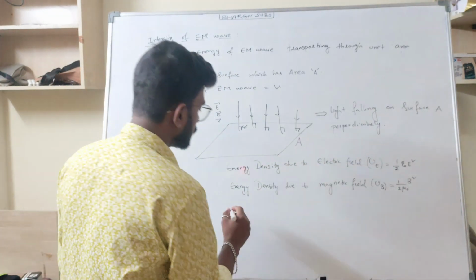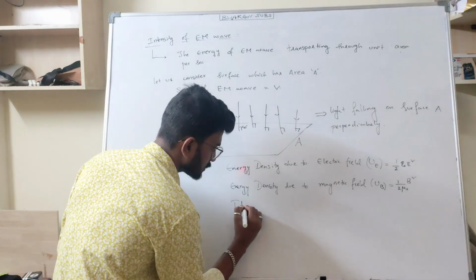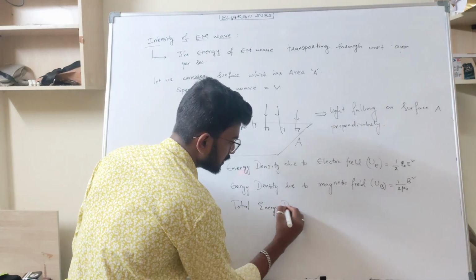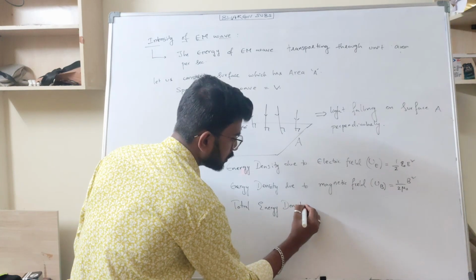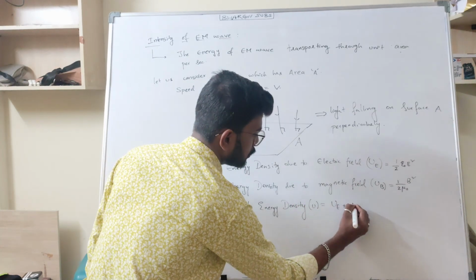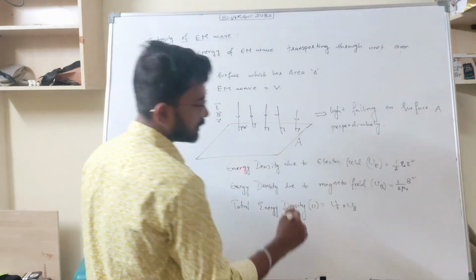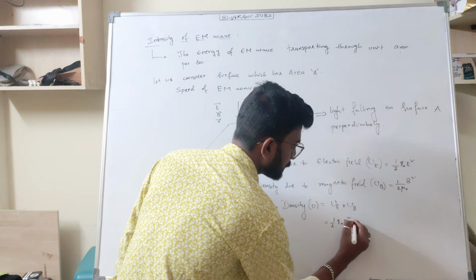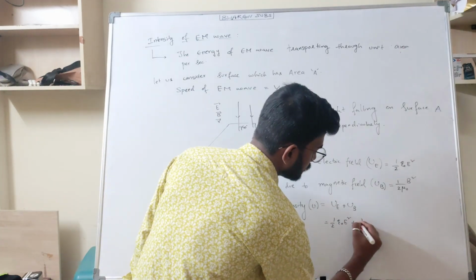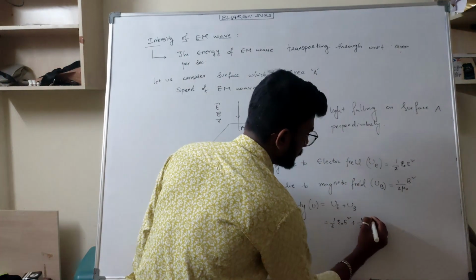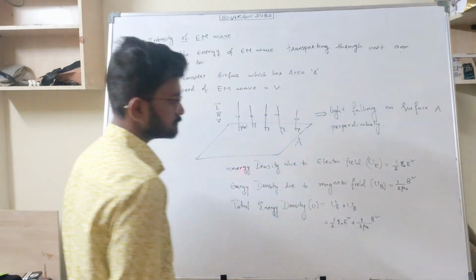Right. Now total energy density. So what is the total energy density? U is equal to UE plus UB. What is UE? Half epsilon naught E square plus what is due to magnetic field? 1 by 2 mu naught B square. Correct.